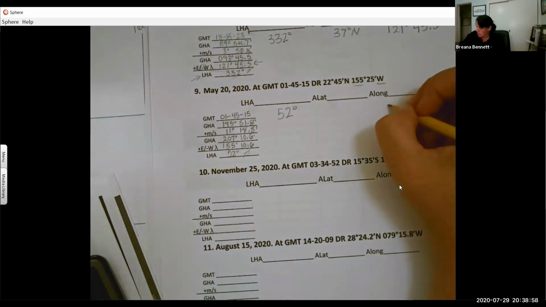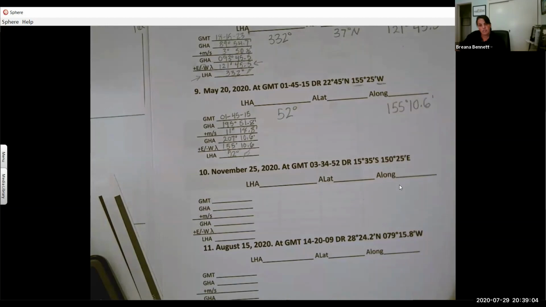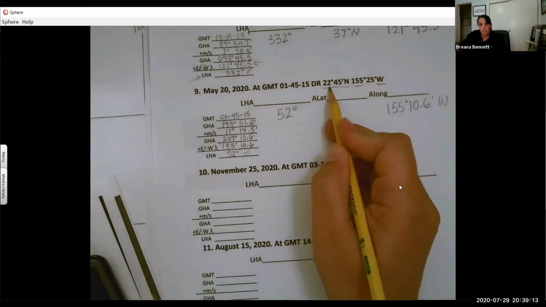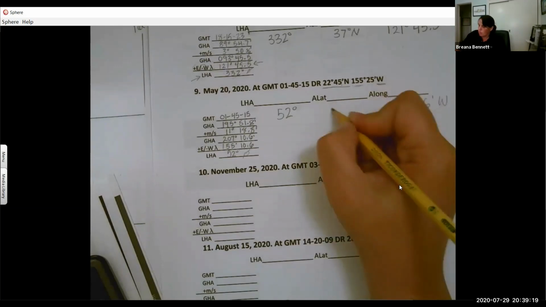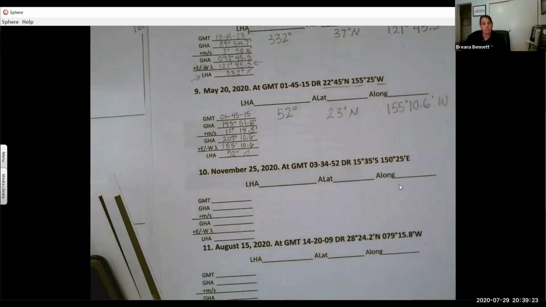I have a longitude of 155 degrees, 10.6 minutes west. And then my latitude, my DR latitude was 2245. So I'm going to say my assumed latitude is going to be 23 degrees north. That's what I'm closest to.